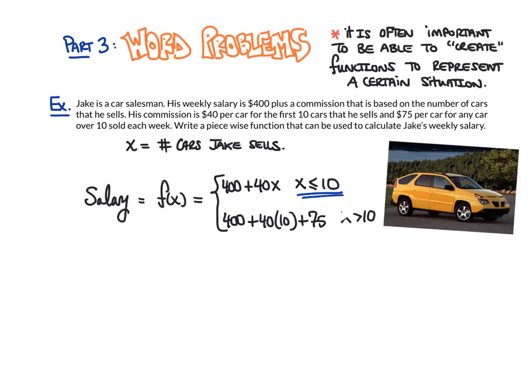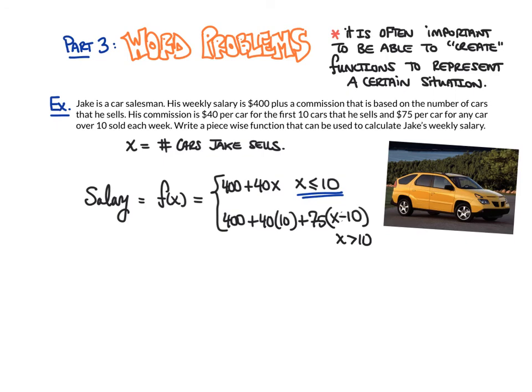So the way that we can express this, this is for x bigger than 10: $75 times x minus 10. And why am I doing that? Well, let's say he sells 12 cars. Well, 10 of those cars get $40 commission, and 2 of the cars, so 12 minus 10, each additional car past 10 gets 75. So it'll be 2 times 75 and 10 times 40.